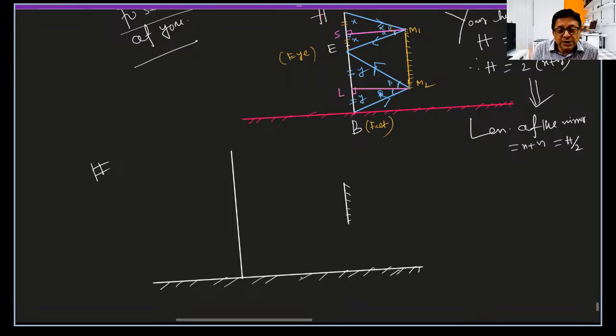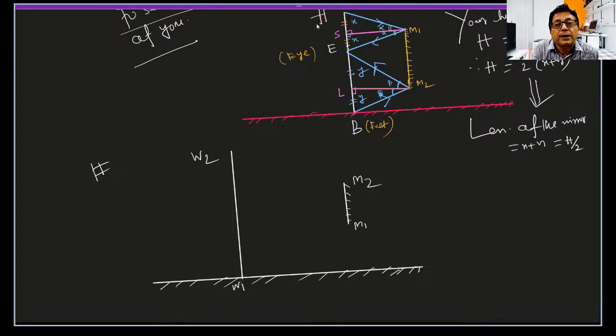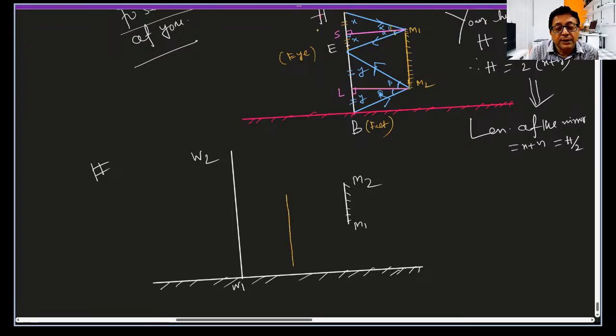Okay? So this is the wall, this is mirror. I explain the sum, you will try at home. Okay? So this is wall. Wall is W1, W2. You are standing here. You are standing here. How do I dare to write this manner?